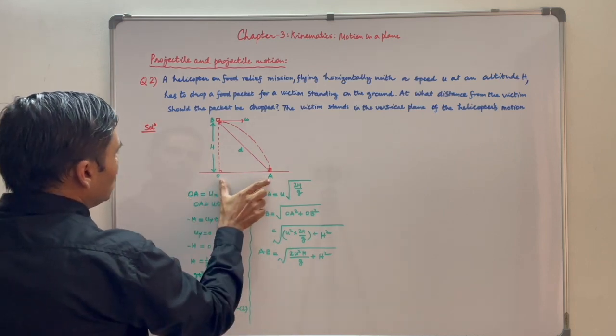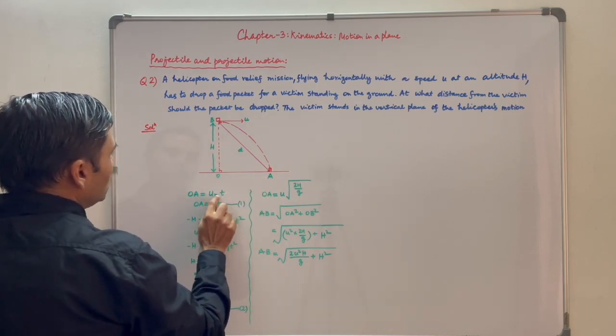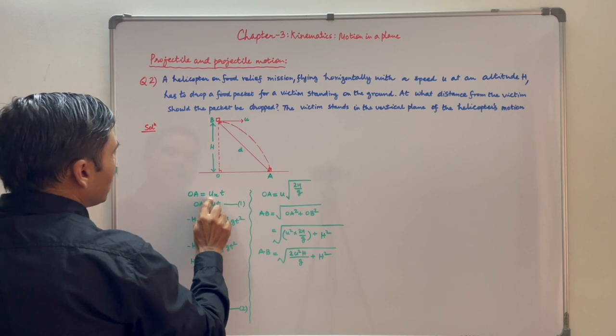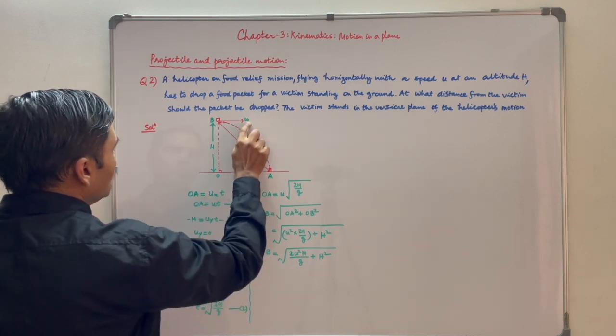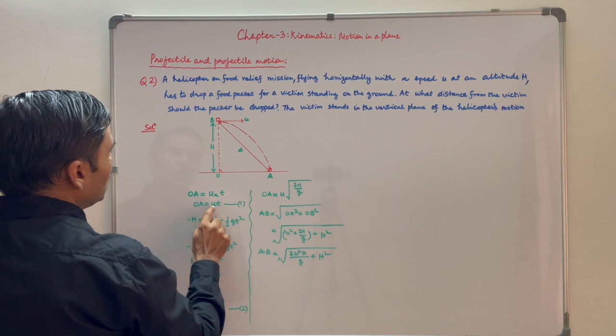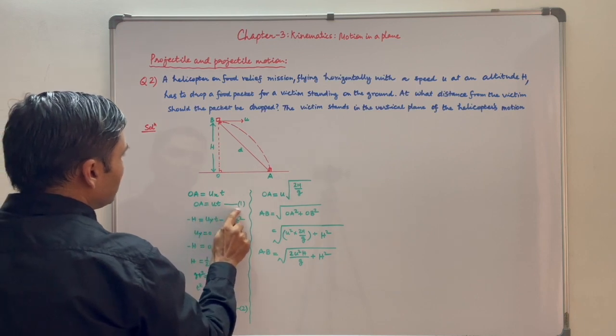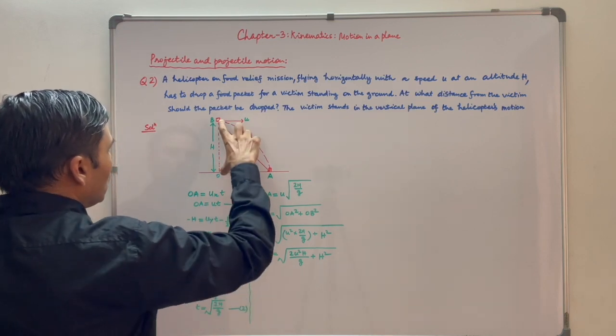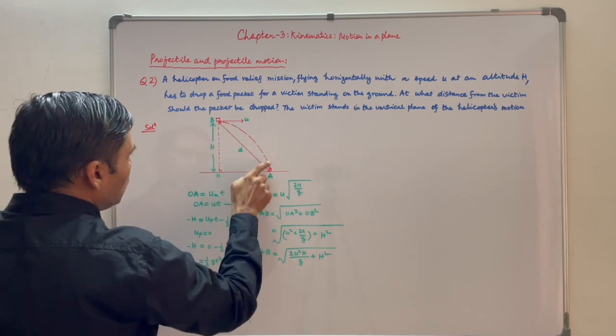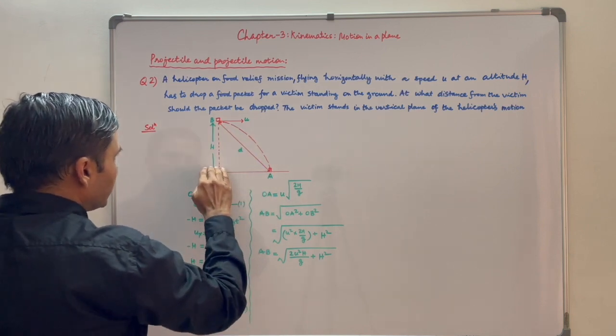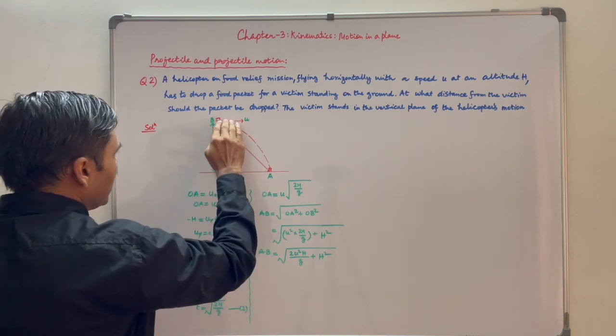OA is equal to u_x into t. u_x is the horizontal component of velocity, that is given as u. So OA is equal to u into t. That is our first equation. Now, vertical displacement of the food packet is given by minus h as the food packet is coming down.